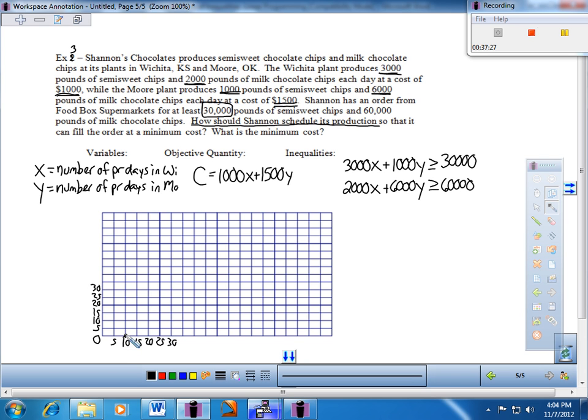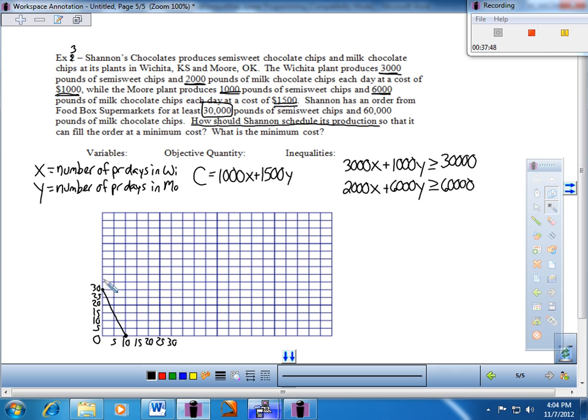The y-intercept for this one right here, again, I'd cover up this, make that 0, and I'd basically take 30,000 and divide it by 1,000, and the y-intercept turns out to be 30. And that's right there.